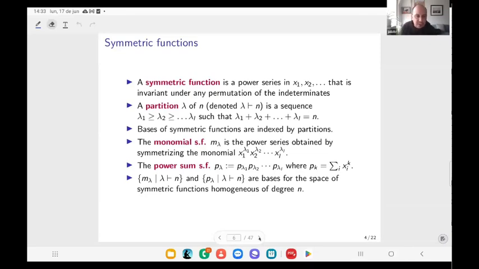One is the monomial basis: given a partition lambda, I take all the monomials that have lambda in the exponents, and then all the symmetric versions of those monomials. The power sum is: take one variable to the power k, and then take all the symmetric versions of those. We know that those are bases for the symmetric functions.